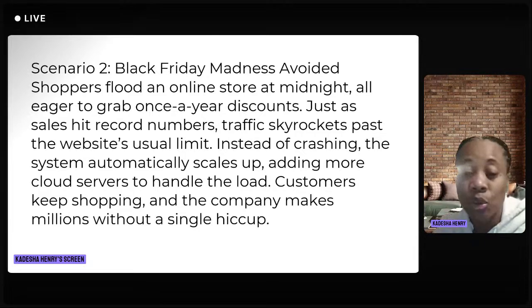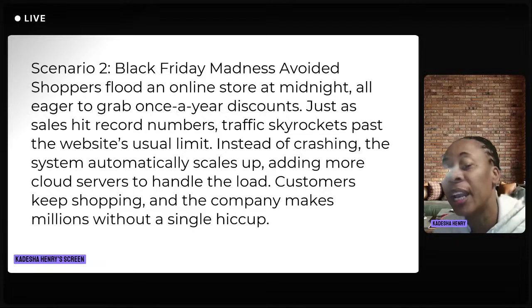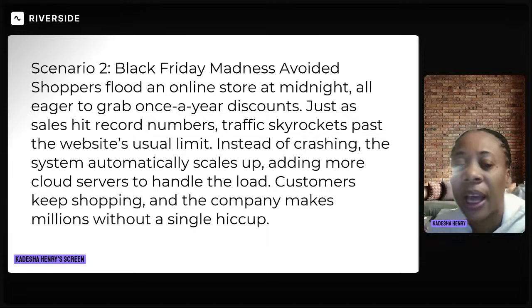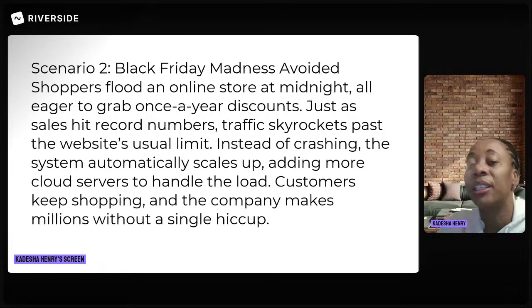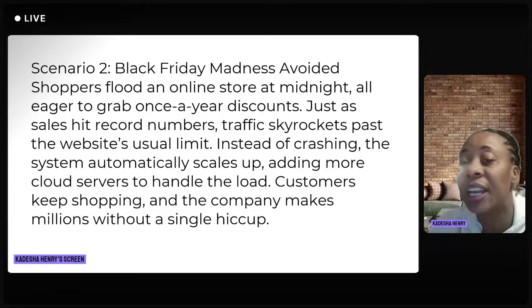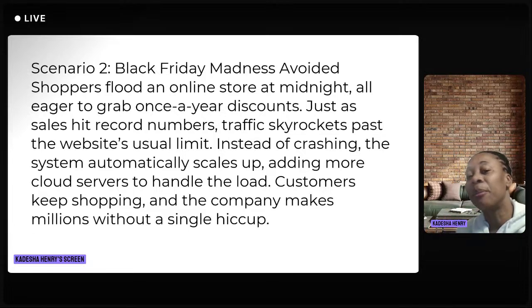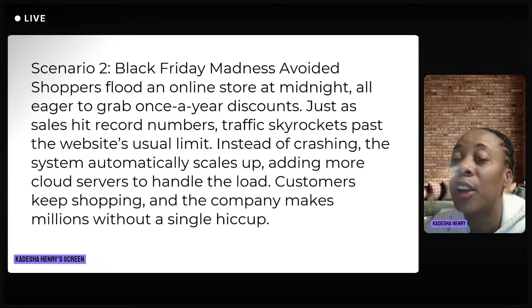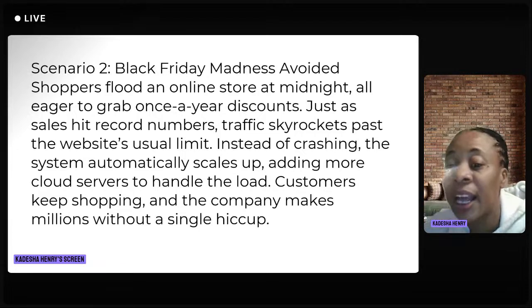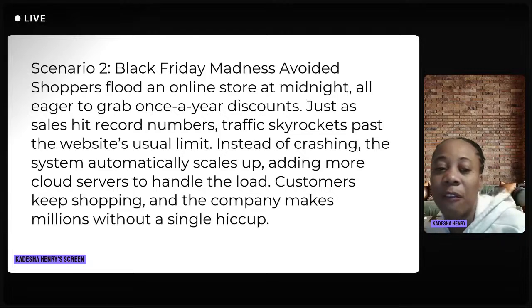People were able to do it because the back end developers made it so that the system wouldn't crash. It's the same thing with this shopping place, where everybody was flooding because everybody wants a discount on a Black Friday.